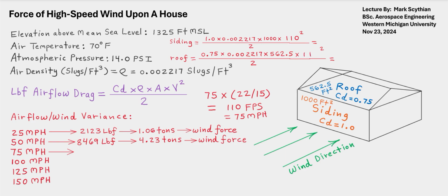So at 50 miles per hour wind speed, we have 4.23 tons of wind force exerted against the house, receiving on the direction of the wind.